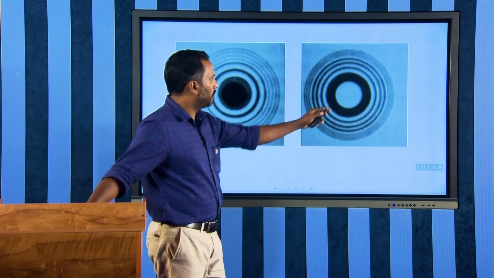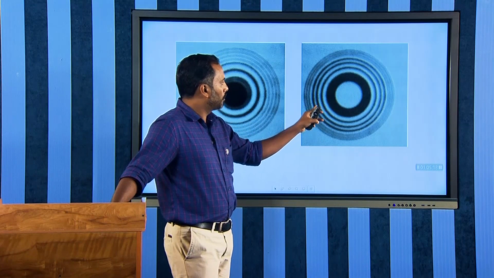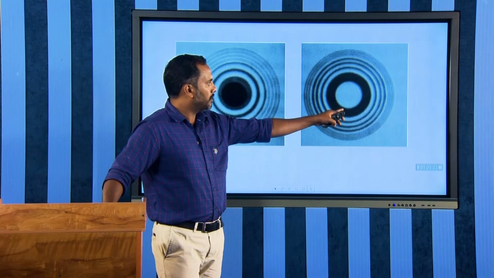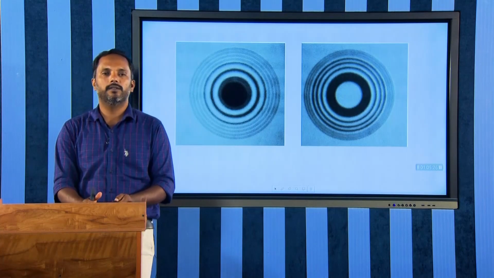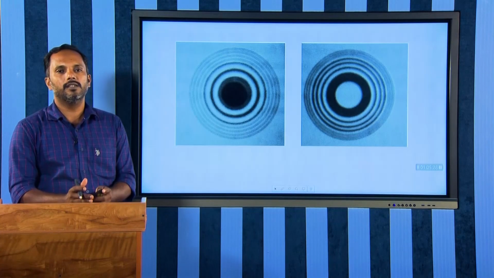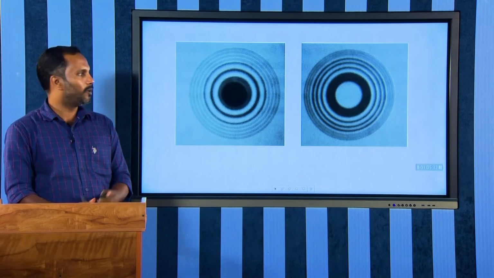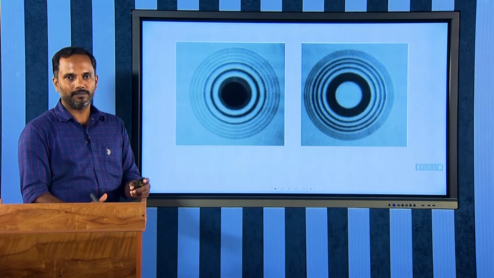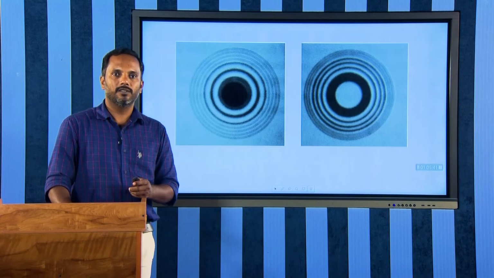So the odd zones, that is the first zone, third zone, fifth zone, seventh zone, etc., are transparent. The even zones, second, fourth, sixth, etc., are opaque. So this is the simple way to construct a zone plate. Now this is a zone plate, a negative that is transmitting light through its odd zones.